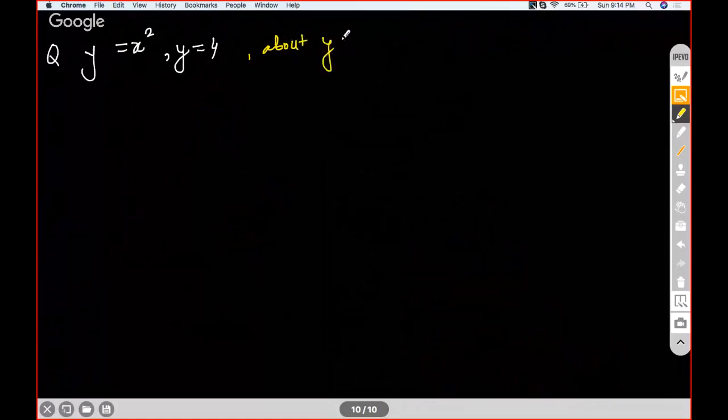Next is another question. y is equal to x square and y is equal to 4. This is the curve bounded between these two, right? And the rotation is about the y equal to 4 line. Make the diagram first.